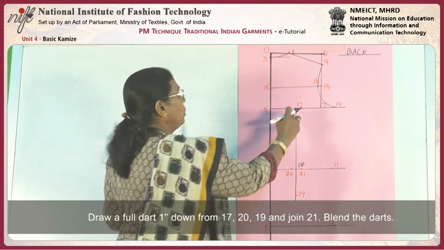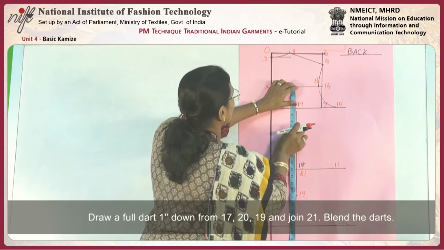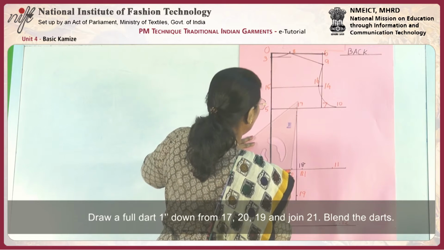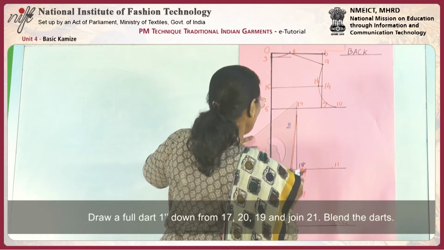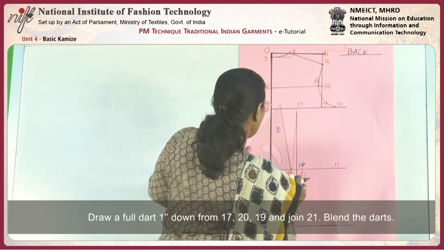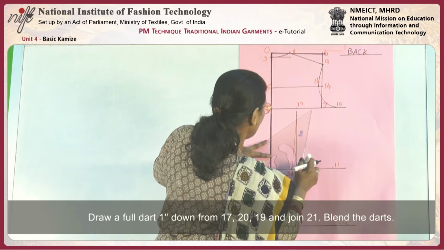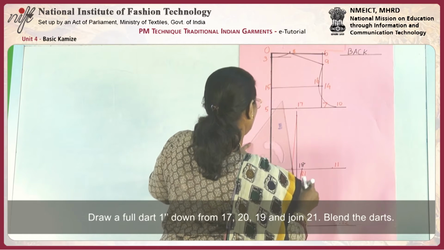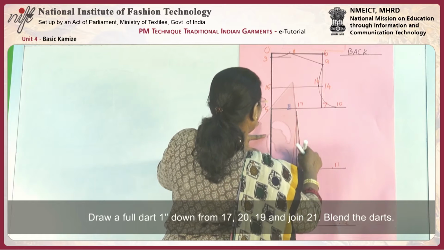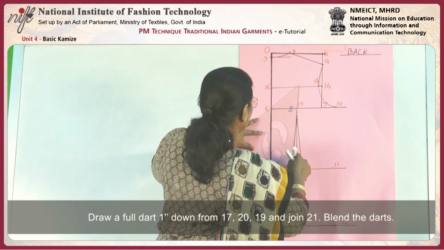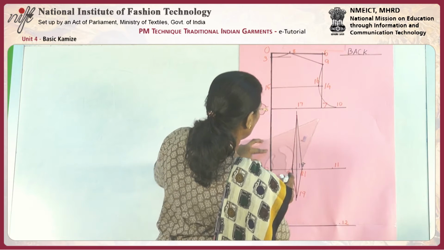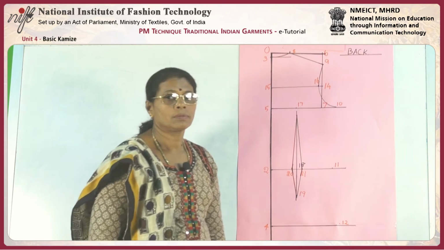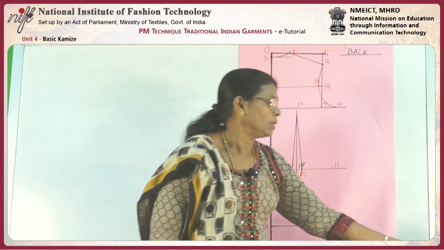The dart should start 1 inch below from 17 and draw the dart one inch down from 17, 20 and 19, then join 21 and 19, and then blend the darts. Now we finish drawing the dart.